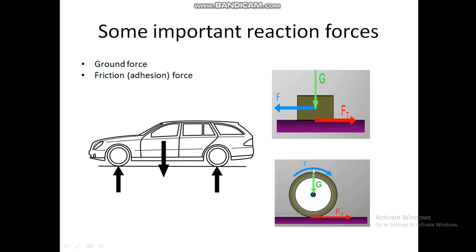This is the vertical downward force, gravitational force Mg, and the traction force Ft, the actual traction force between tire and road surface. This is called adhesion force or friction force, between the tire rubber surface and the road's concrete or bituminous surface.